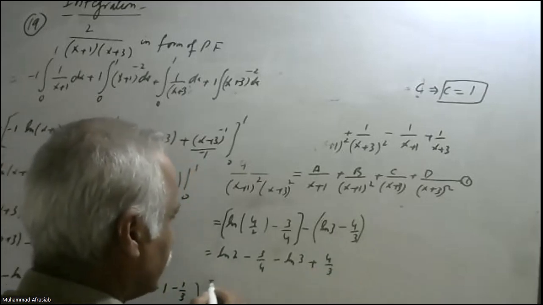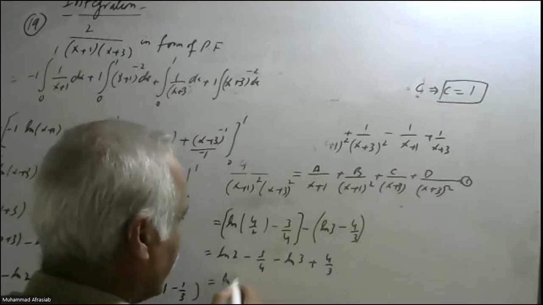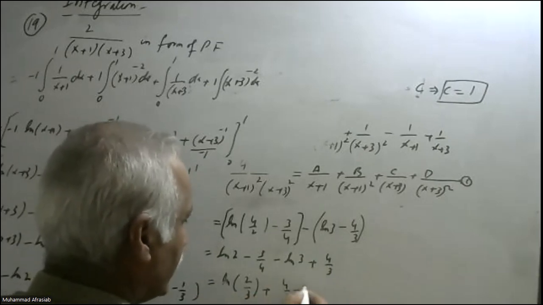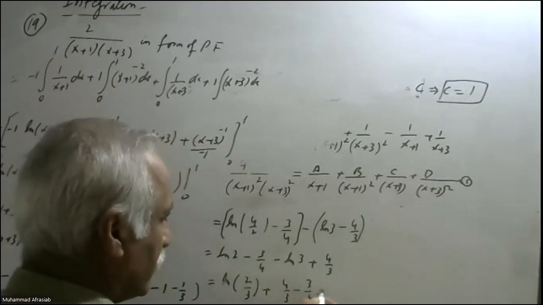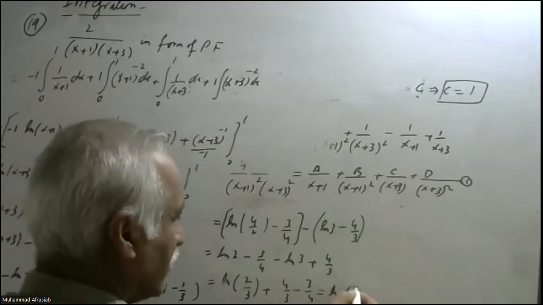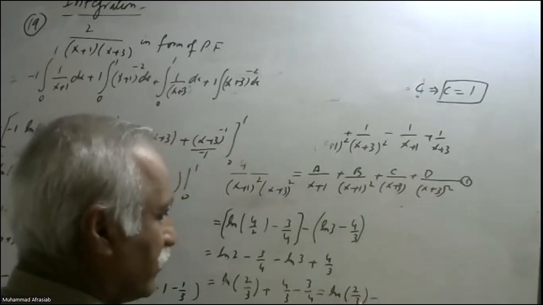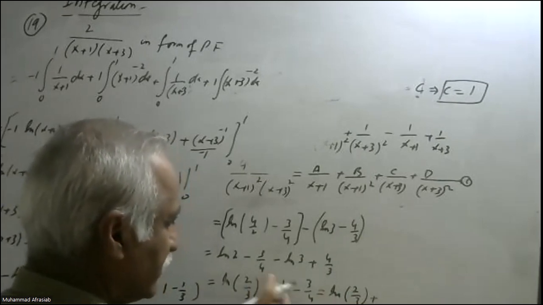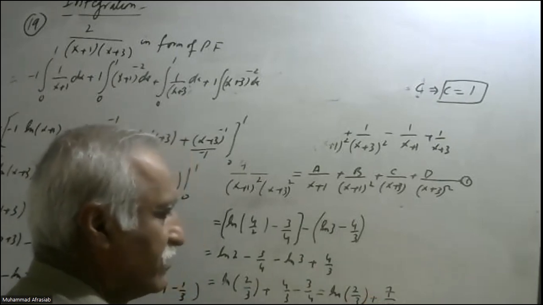This will become log of 2 by 3 plus 4 over 3 minus 3 over 4. This thing is equal to log of 2 by 3 plus, 4 3s are 12, 4 4s are 16 minus 9, 7 over 12.